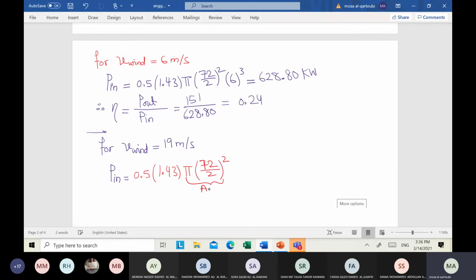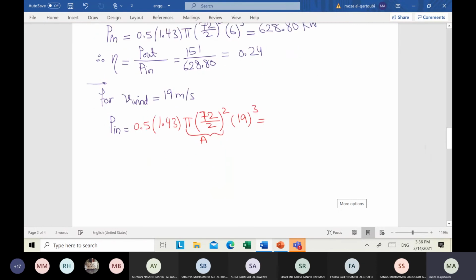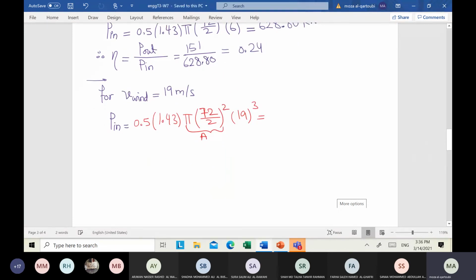This is area times air density times 0.5, then times 19 velocity cubed. Please find this answer, then find the efficiency.